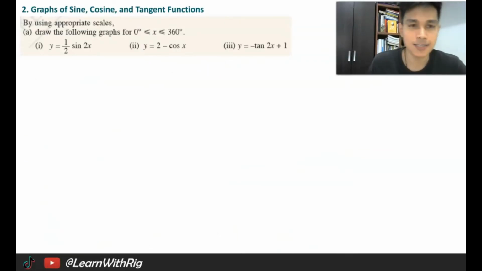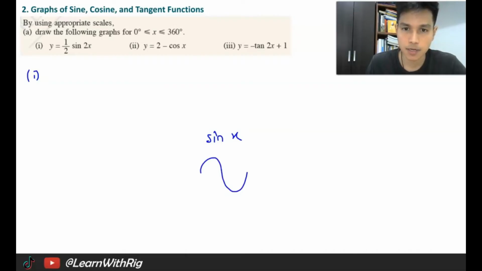Alright guys, let's sketch this together. They said draw the following graphs. The first one, they give you y equals sine 2x. Let us recap. Sine x will give you a graph like this, correct? Sine 2x means there are 2 cycles.